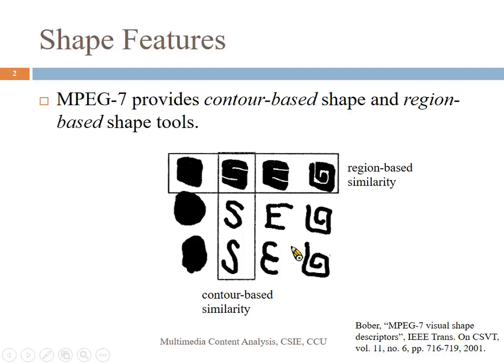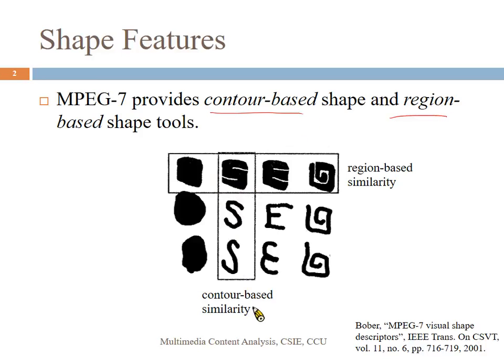Basically, shape features can be roughly categorized into two types, as defined in the MPEG-7 Multimedia Description Framework. They can be divided into the contour-based shape feature and the region-based shape feature.